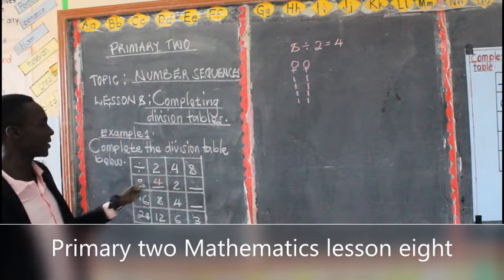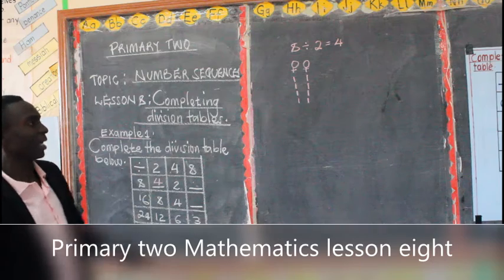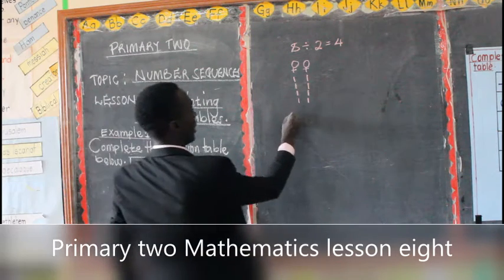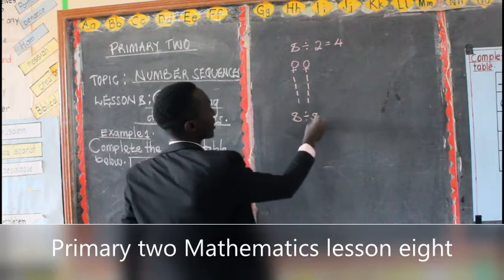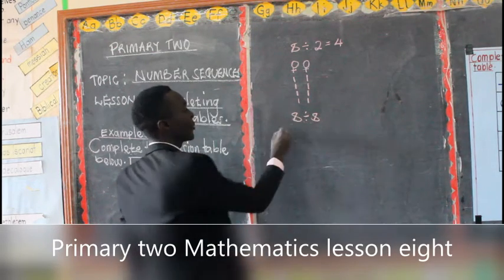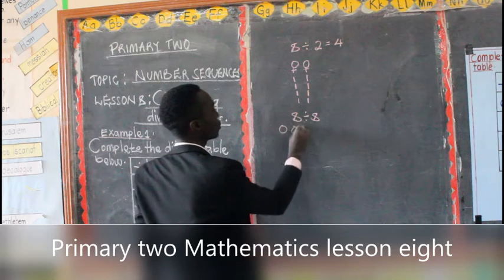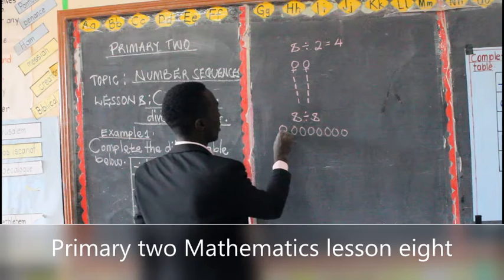Let us look at here. 8 divided by 4, they got 2. Let us divide 8 divided by 8 to see what we get. 8 divided by 8, what do you get? Assume that these are 8 children. Let's count 1, 2, 3, 4, 5, 6, 7, 8.